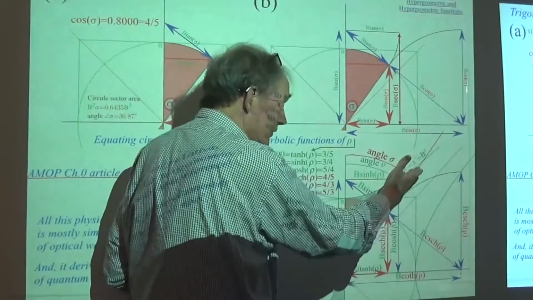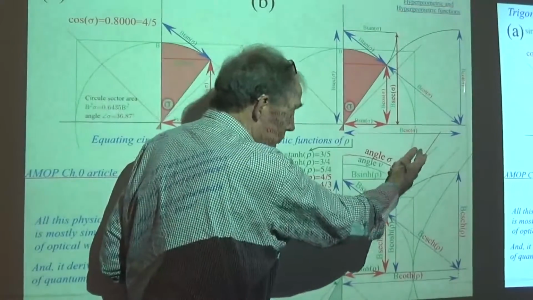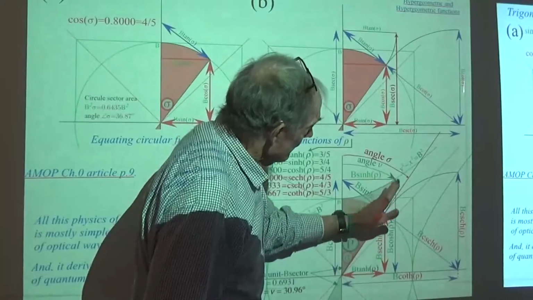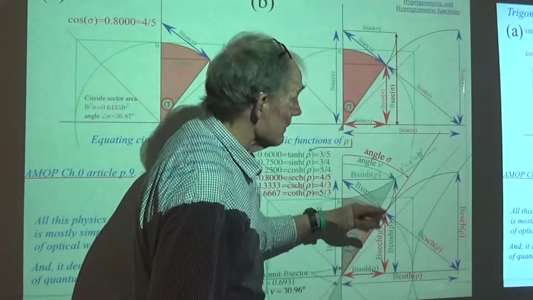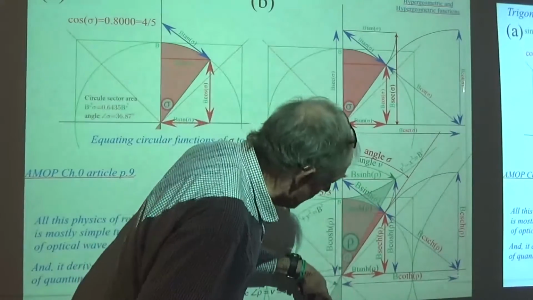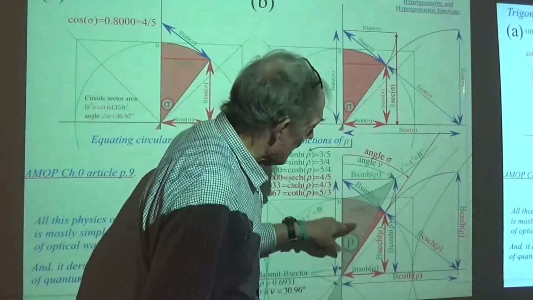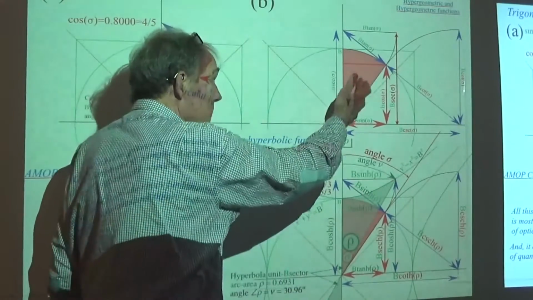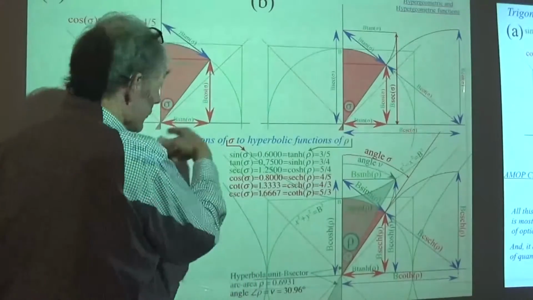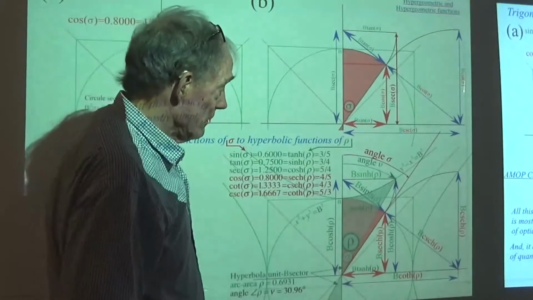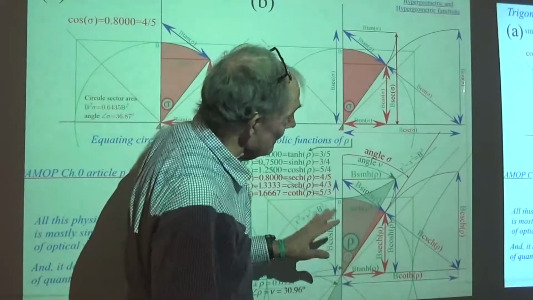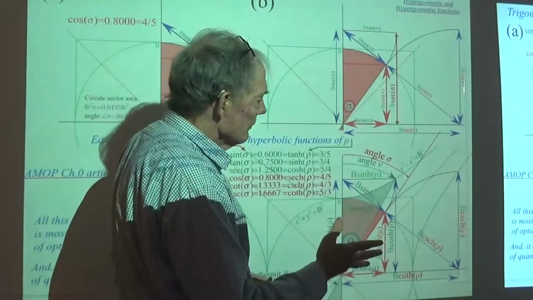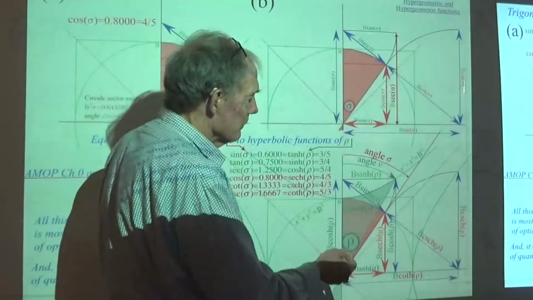Y squared minus x squared is equal to 1 here. And I'm tracking the sector area of that, not just once, but twice. So 2 times that area right there, the stuff that's shaded in green, just like the red up here is doubled, so is that. So this is the basic geometry that we're going to be talking about.